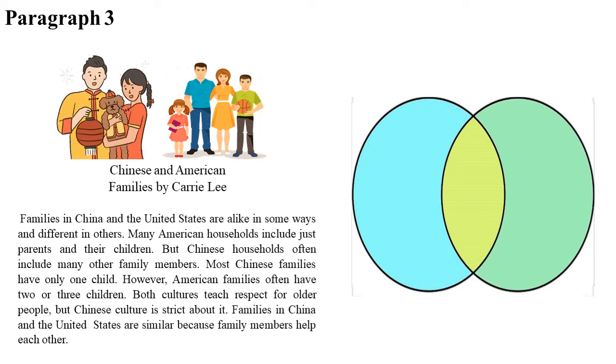Most Chinese families have only one child. However, American families often have 2 or 3 children. Both cultures teach respect for older people, but Chinese culture is strict about it. Families in China and the United States are similar because family members help each other.